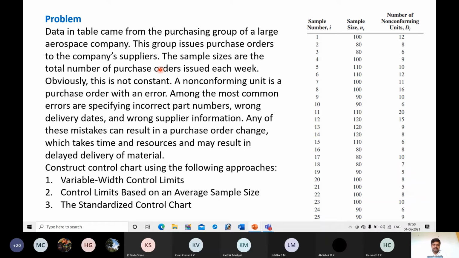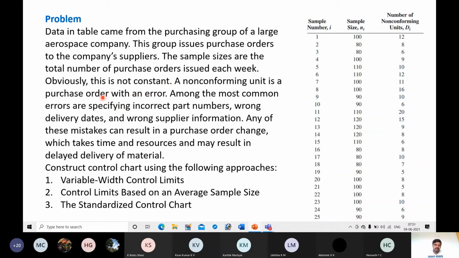While preparing purchase orders, there are errors. It may be because of miscommunication between various departments in the organization, or because of negligence of the person in charge of placing orders to suppliers. Because of those reasons, sometimes the purchase orders prepared and issued have some error.